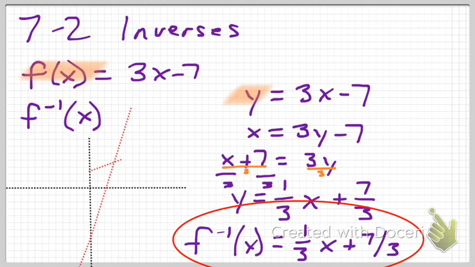To graph a line, you go to the y-intercept and take the slope. I really shouldn't have to teach mx plus b anymore. This line we went to -7 and went up 3 over 1. It's right here. This line we went to 7/3, which is 2 1/3, and went up 1 over 3.